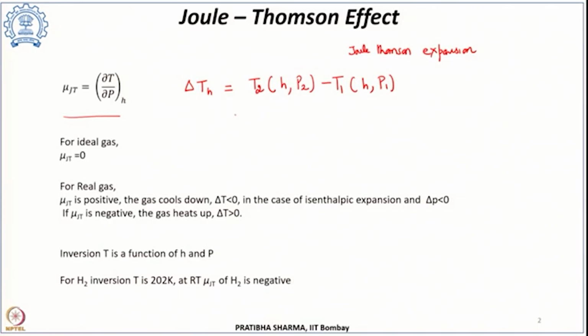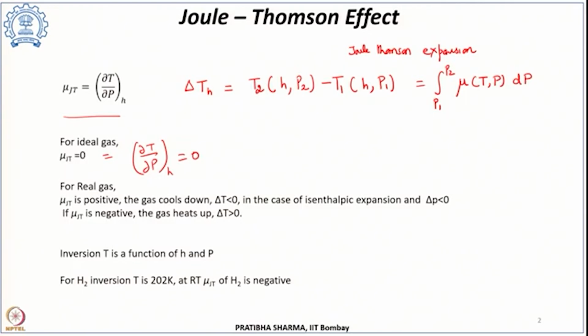This can also be obtained by integrating over pressure from P1 to P2 the Joule-Thomson coefficient, which is a function of temperature and pressure, times dP. Now, if we consider the ideal gas case, then during an isoenthalpic process there is no change in temperature of the gas. So, for an ideal gas, del T upon del P at constant enthalpy, the Joule-Thomson coefficient, remains 0.